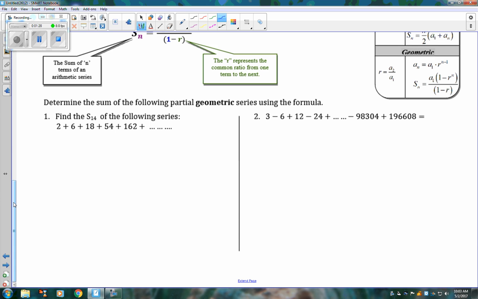R is the rate at which my numbers are increasing or decreasing. So if I take my second number and divide by my previous number, that will be r. So I need a sub 1, which is 2, and r is 3, because I take 6 and divide it by 2. And then I need what n is.